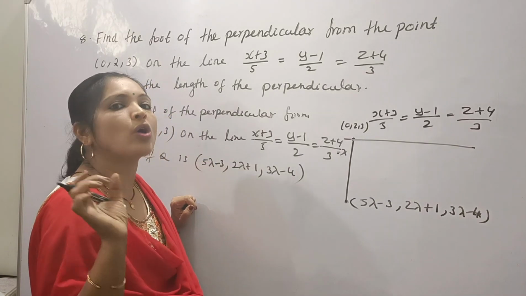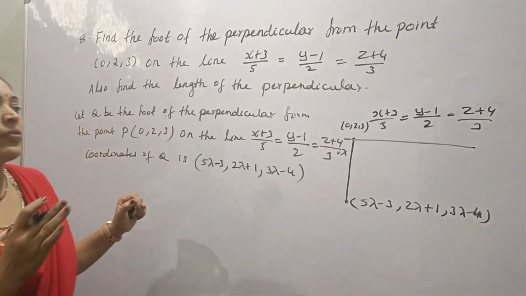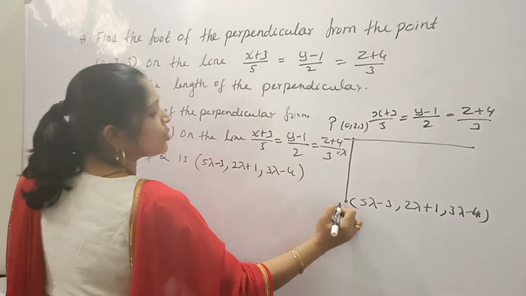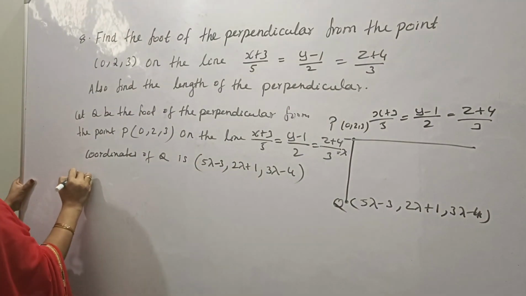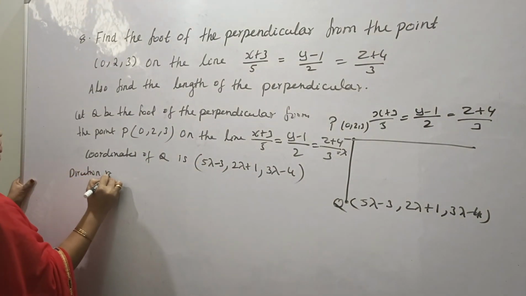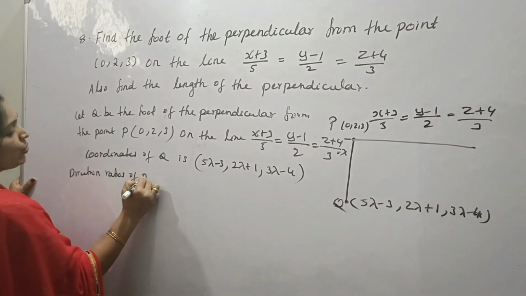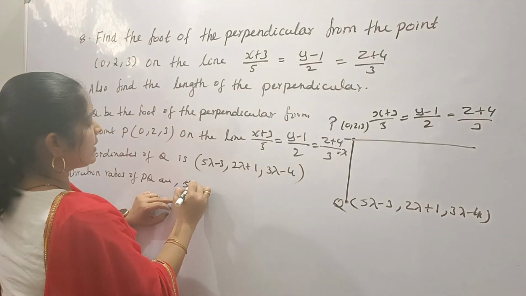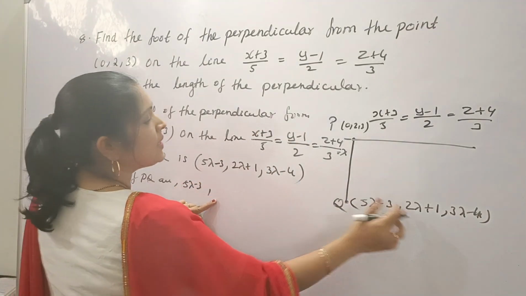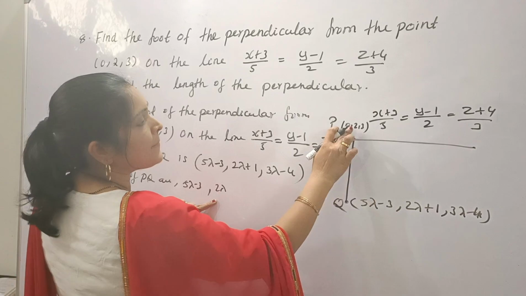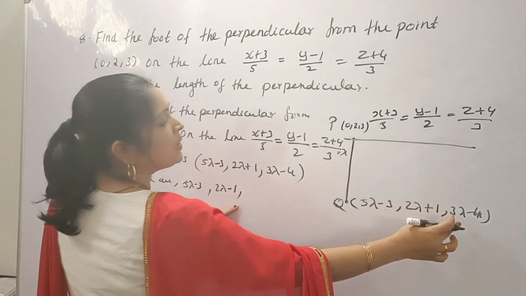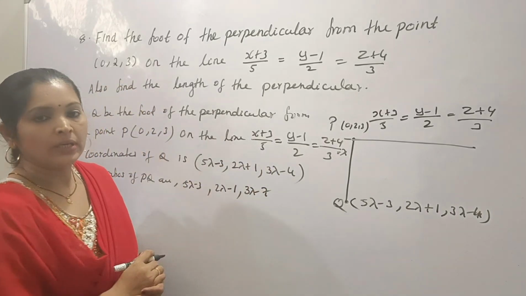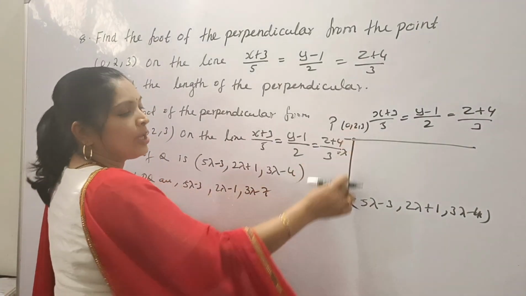So the direction ratios of PQ are 5 lambda minus 3 minus 0, 2 lambda plus 1 minus 2, which is 2 lambda minus 1, and 3 lambda minus 4 minus 3, which is 3 lambda minus 7. These are the direction ratios of PQ.